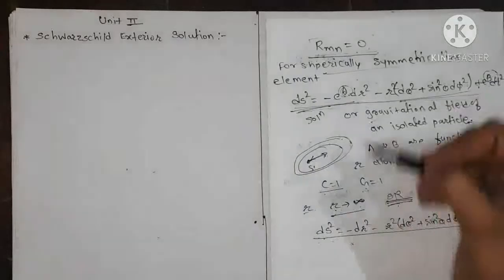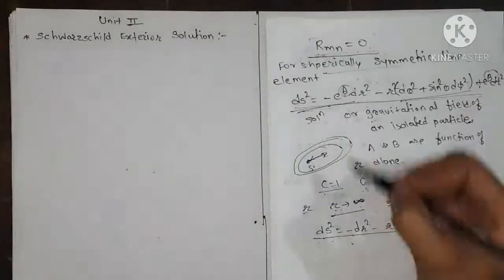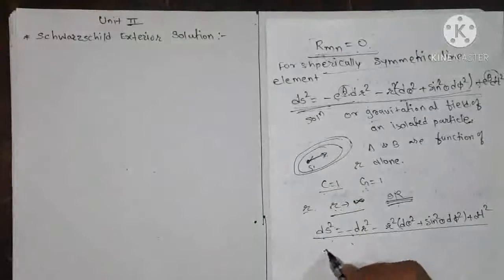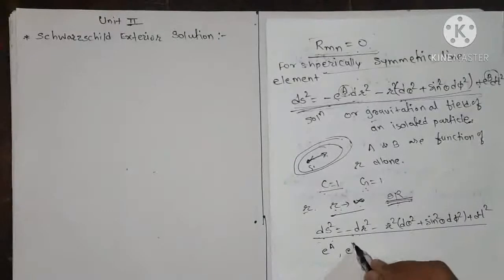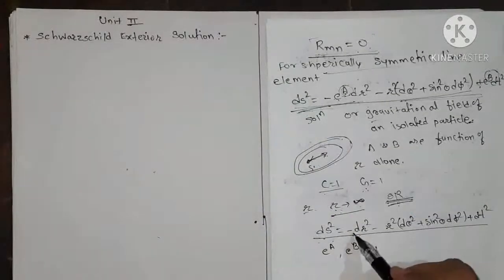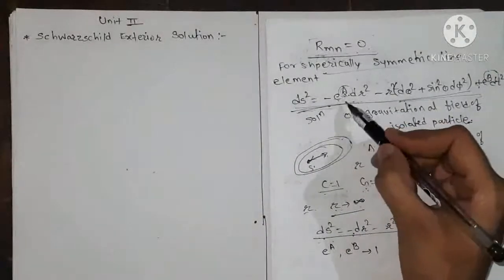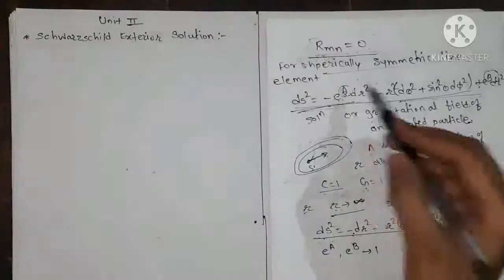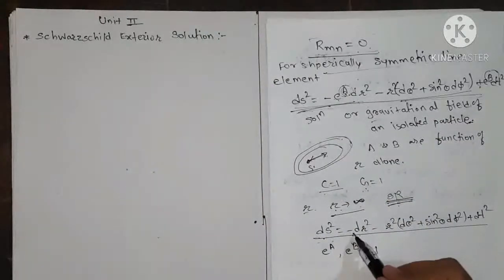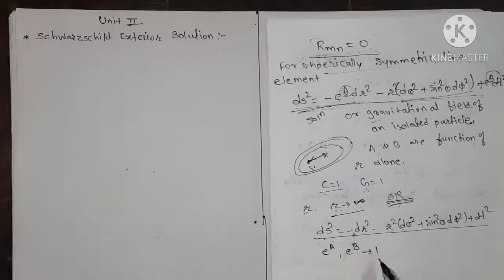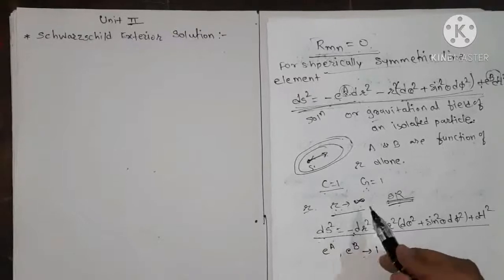After comparing this to what we have, we get e to the power a, e to the power b tending to 1, right? So e to the power a is equal to 1, or tending to 1, when r tends to infinity.